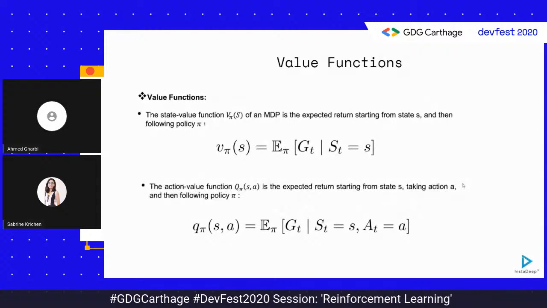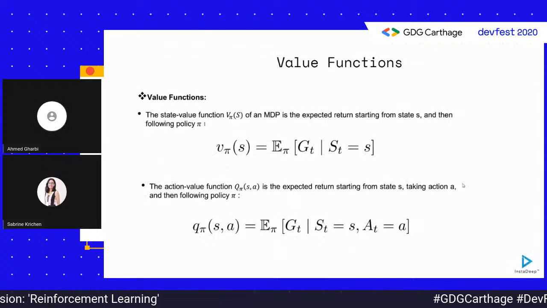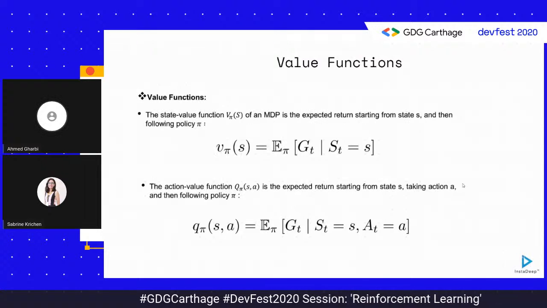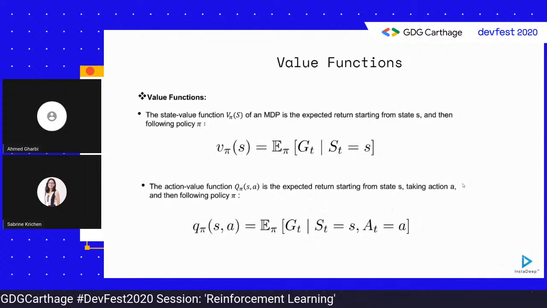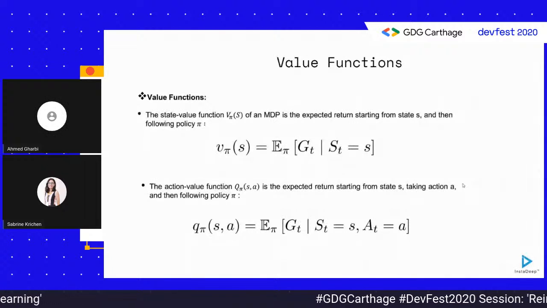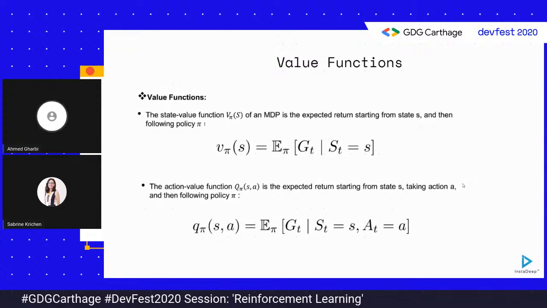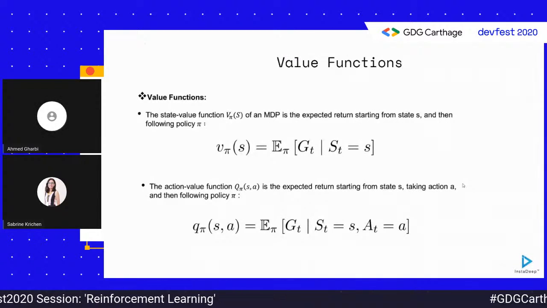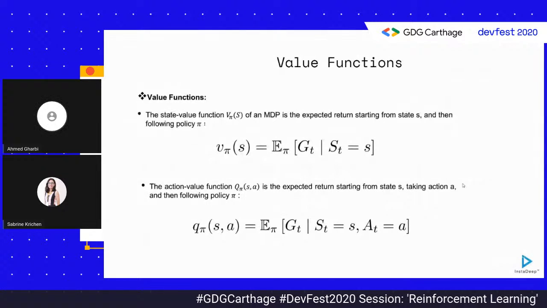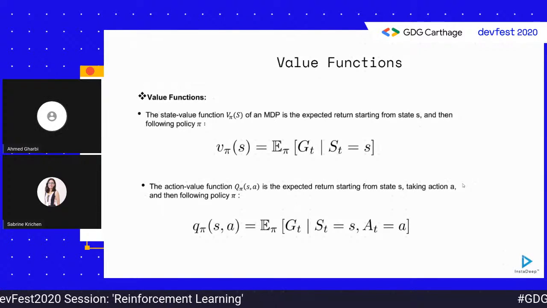This value describes how valuable it is to be at a given state S. So the value of a state S under a policy pi is by definition the amount of return that we expect to get by the end of the episode if we keep taking actions according to our policy pi, or according to our agent. And similarly, an action value function Q is a function that evaluates how good it is to be at a state S and taking an action A. So now, instead of giving a value to each state, we are attributing a value to each state-action pair.